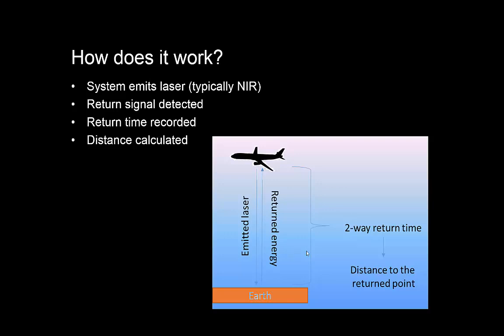So as you can imagine, you're looking at a beam of photons in the near infrared frequency, and those photons hit the surface or elements above the surface, return to the airplane. Some of them do, a lot of them of course don't, but some of them return to the airplane, and those are measured. The time is recorded, how long did it take those photons to come back, and from that, with the speed of light, the distance can be calculated to the target.